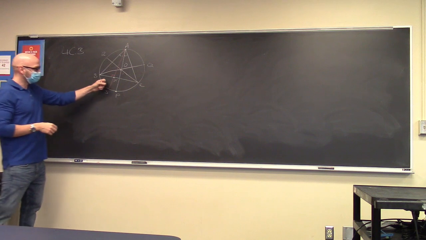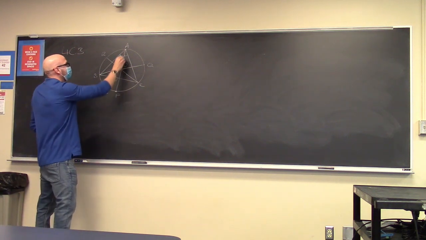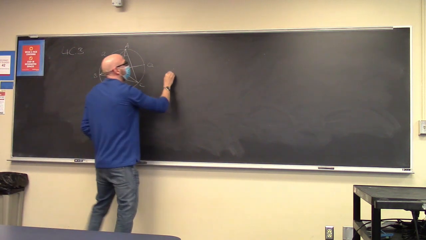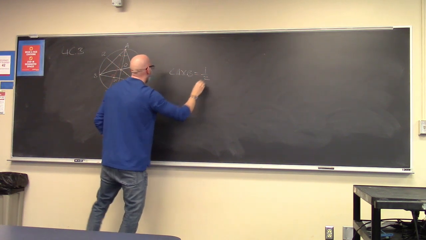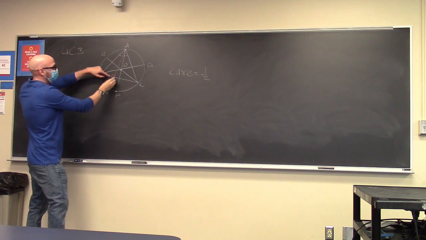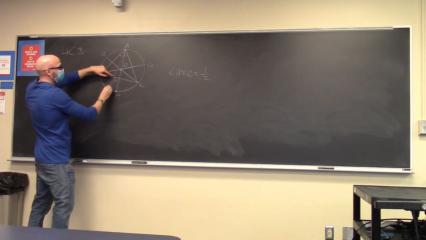Right? We know how to measure these things. For example, angle AXB. What is that? That's going to be 1/2 of the two inscribed, the two subtended arcs.